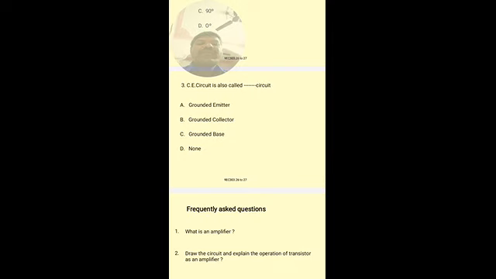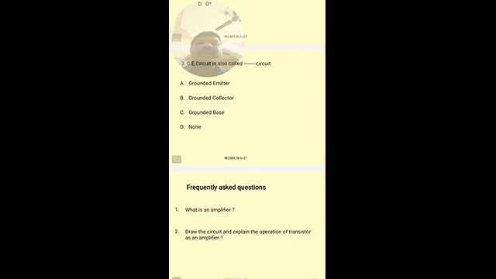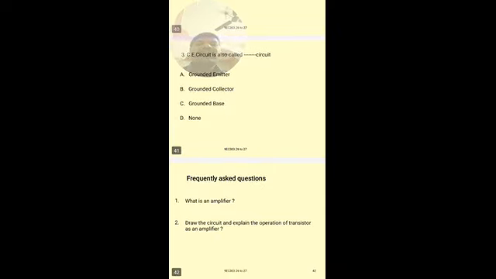Questions coming frequently on this topic are: what is an amplifier? Draw the circuit and explain the operation of a transistor as an amplifier. Compare the three different configurations of a transistor.